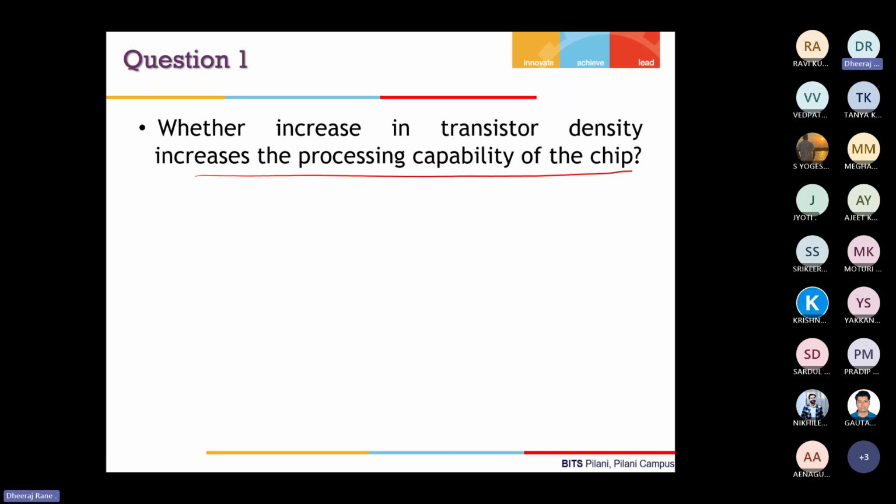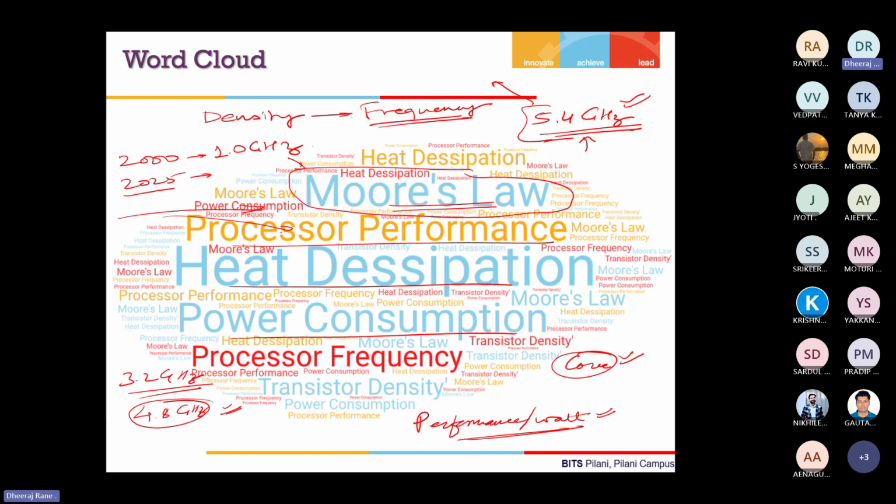At certain level, yes, when we keep on increasing the density, definitely the processing capability, that is the frequency, ultimately can be increased. But again, because the power consumption and the temperature will also rise, that will be difficult to control beyond a certain limit, and beyond the limit it will not increase. That's the reason why I am telling you again and again, so that at least you can remember.